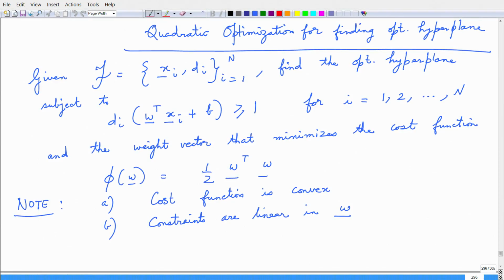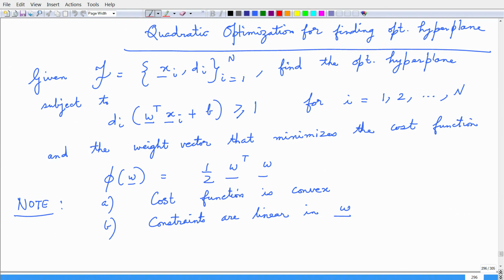Now, let us formulate the setup of the solution to the SVM problem for linearly separable patterns through an optimization framework. What we are given here is this set F that comprises pairs (xi, di), i equals 1 to n.